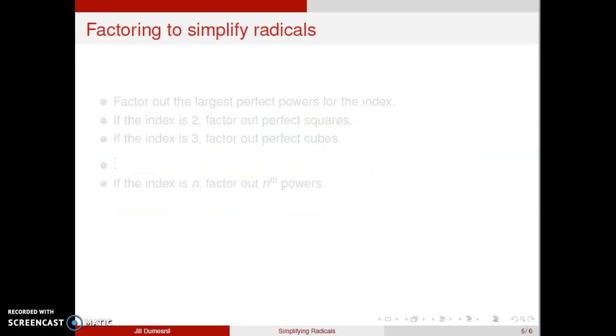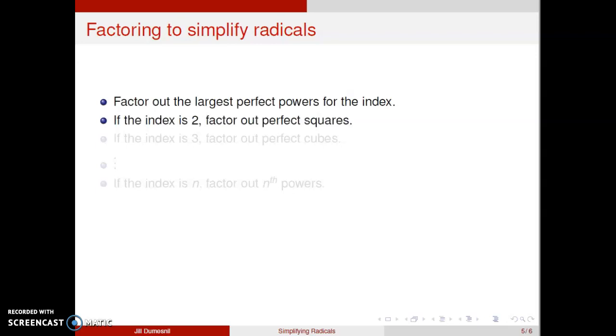Recall that in general, to simplify radicals, we want to factor out the largest perfect power for the index.